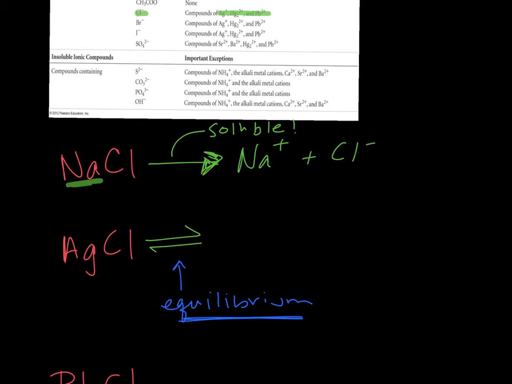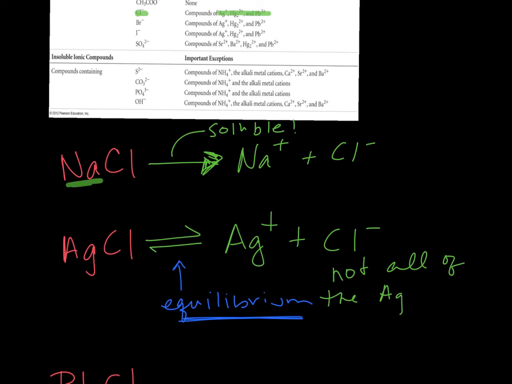And so what we get with this reaction, we get the same thing we would get if it was a complete reaction. The only thing these arrows mean is that not all of the silver chloride turns into silver and chloride.